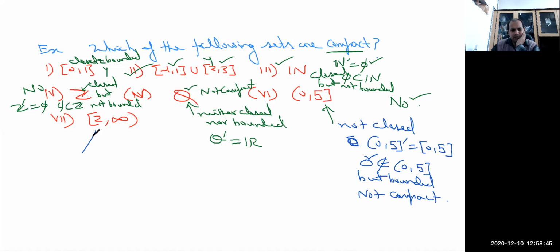What about this one, 2 to infinity? This set is closed but not bounded. Closed but not bounded, hence not compact.